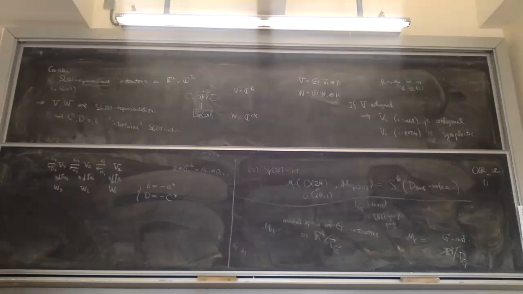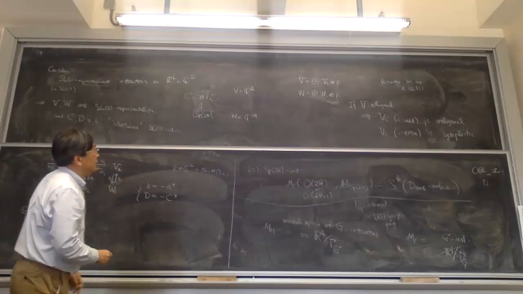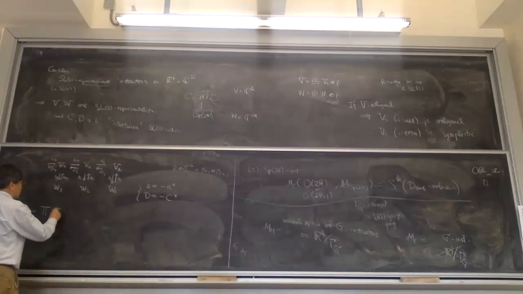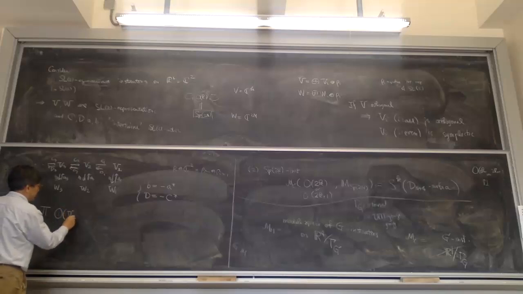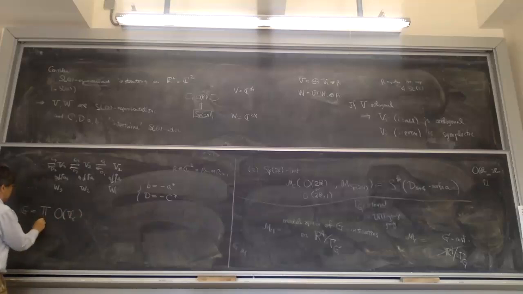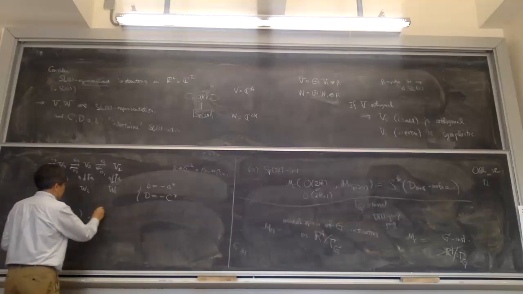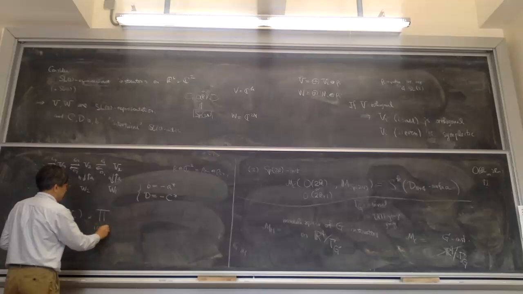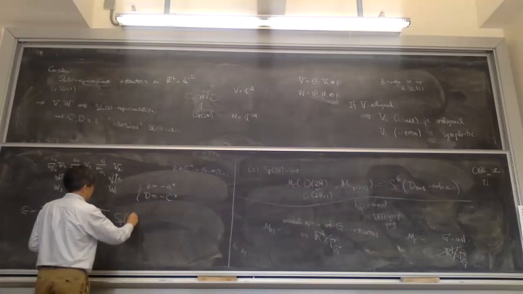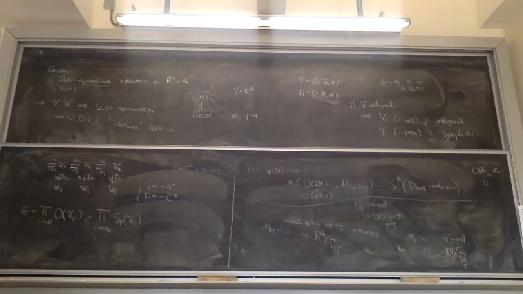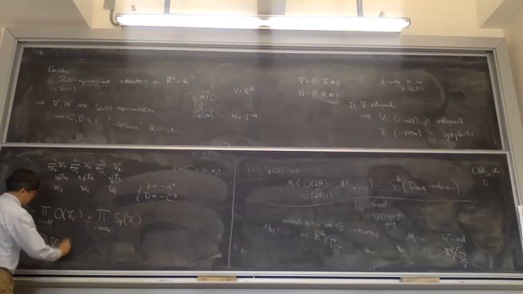So then you can define the group G to be the product over I odd of O of Vi, times the product over I even of SP of Vi, and M is the first framing card, Vi tensor Wi.